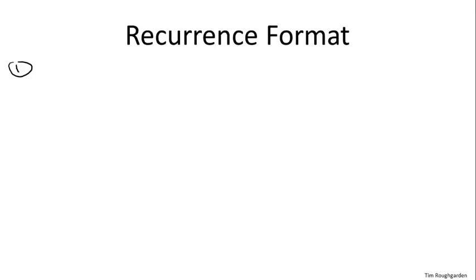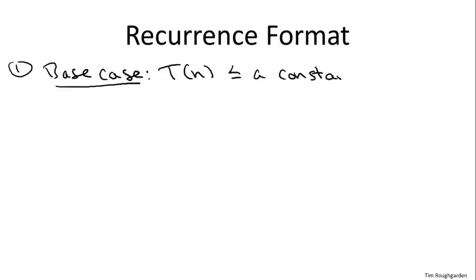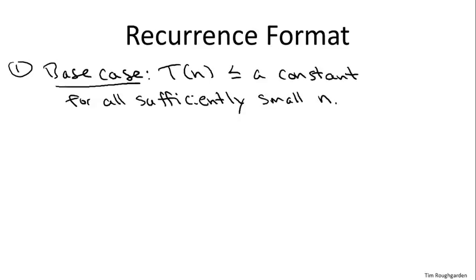There's the relatively unimportant but still necessary base case step, and we're going to make the obvious assumption, which is satisfied by every example we're ever going to see in this course, that at some point the input size drops to a sufficiently small amount, then the recursion stops and the subproblem is solved in constant time. Since this assumption is pretty much always satisfied, I'm not going to discuss it much further. Let's move on to the general case where there are recursive calls.